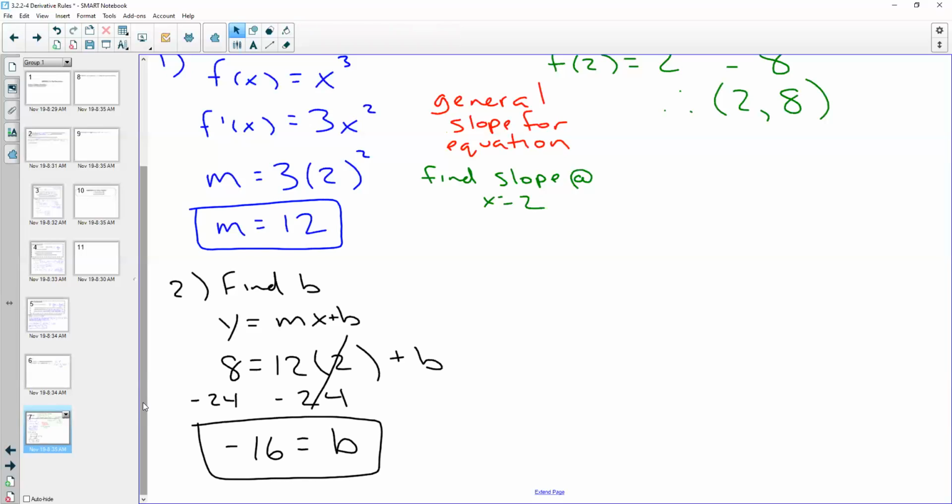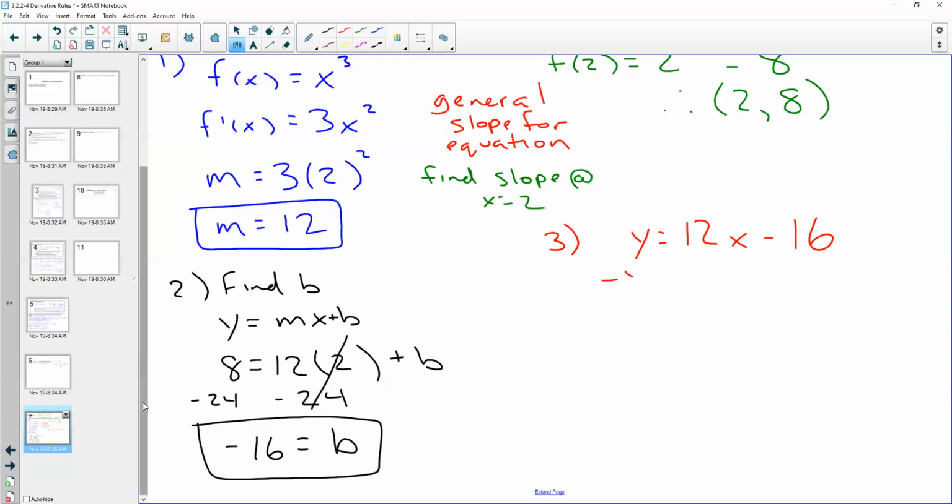Okay, for step 3, our equation. So we know m is 12 and b is negative 16. So y is equal to 12x minus 16. And when we write it in standard form, we want to get it all on one side of the equation and have a positive coefficient in front of x.